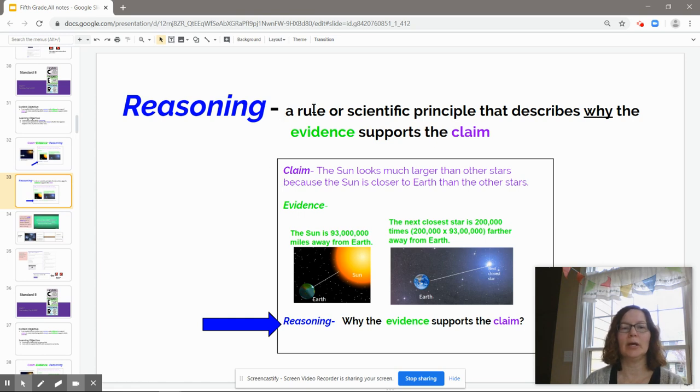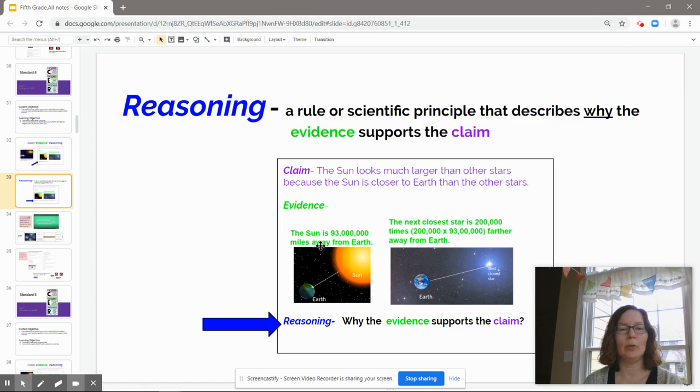Reasoning is a rule or scientific principle that describes why the evidence supports the claim. Reasoning: why the evidence supports the claim. So why, having these two pieces of evidence in green, how does that help prove that the sun looks much larger or brighter than other stars because the sun is closer to the earth than the other stars?